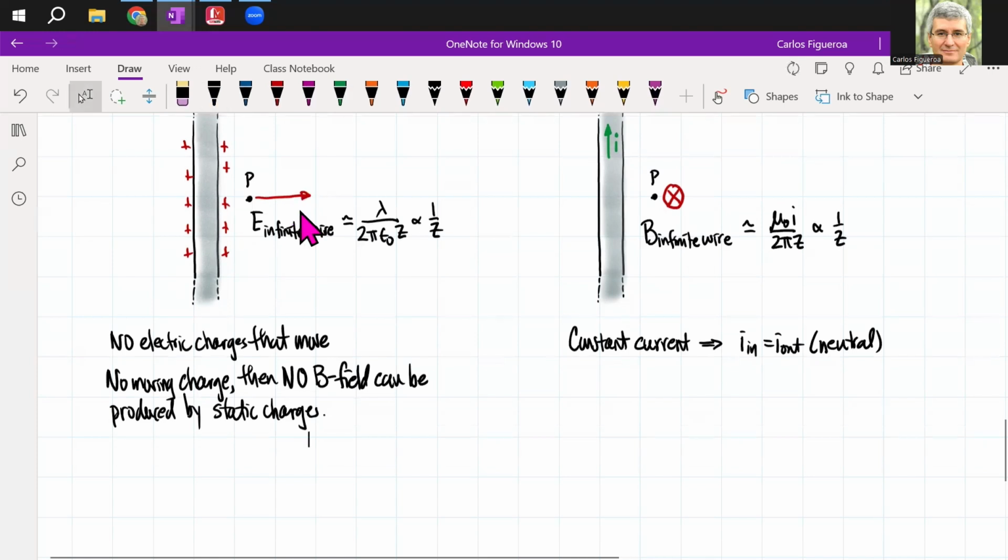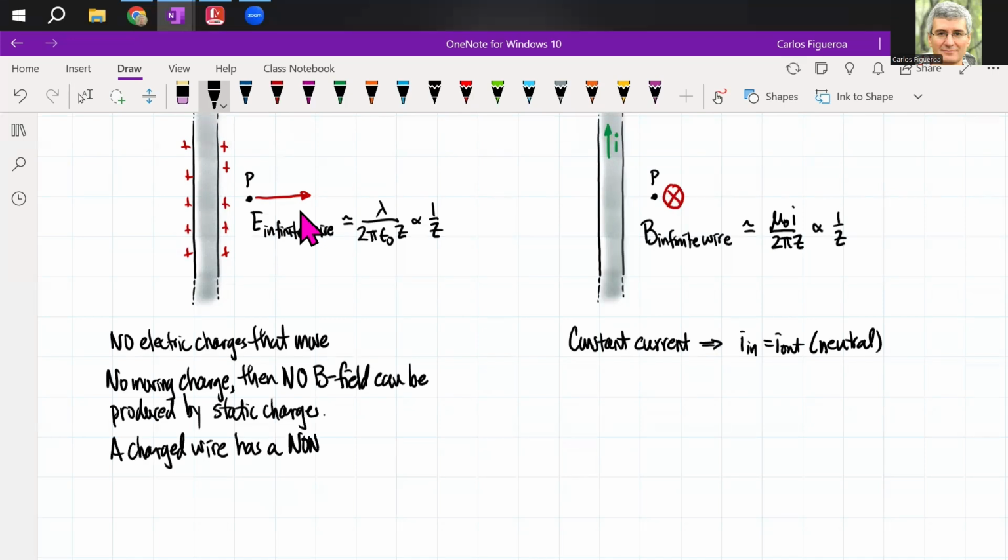So once again, a charged wire has a non-zero electric field and a zero magnetic field. So you could see that I'm trying to hit points here.